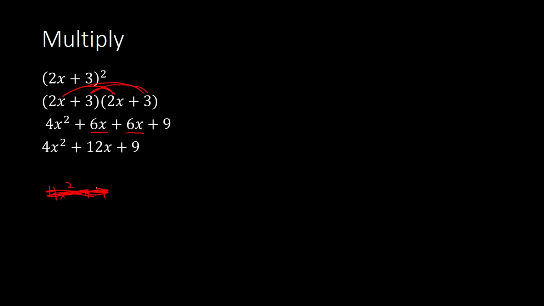I'm going to show you one more with raised to the third power, and same concept that we can use. And when you have it to the third power, you're multiplying 3 times. So if you see something along these lines, when you have to multiply something 3 times together, what you do is you're going to multiply 2 together, and then once you find that solution, multiply that solution by that third part.